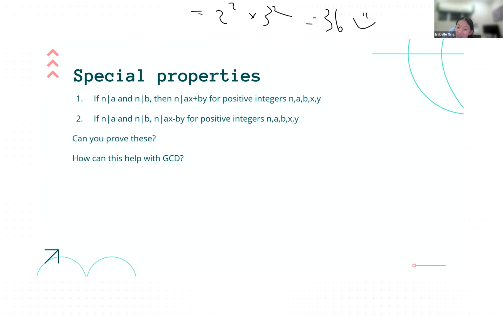So AX is divisible by n and BY is also divisible by n. Yes, that is true. Good job.